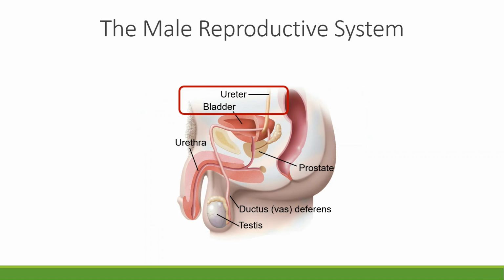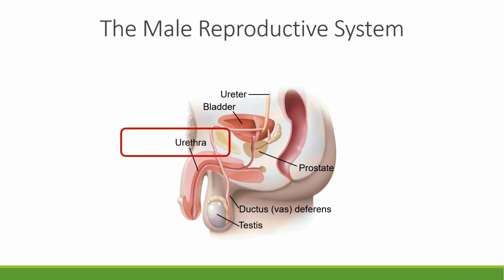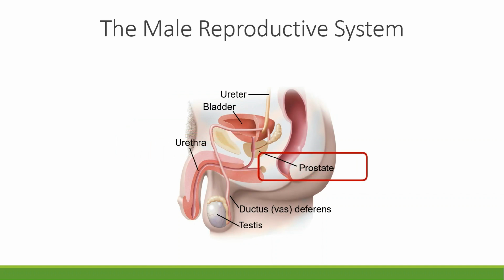The urinary bladder is located just above the prostate, and it temporarily holds the urine. The urine exits the bladder through the urethra, which passes through the prostate gland and extends through the penis to discharge urine.